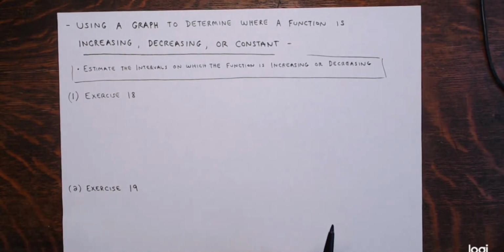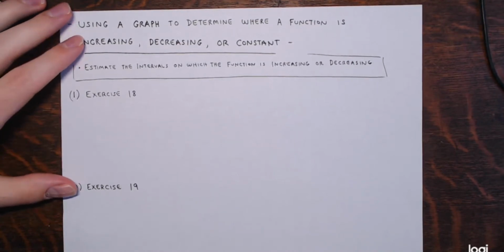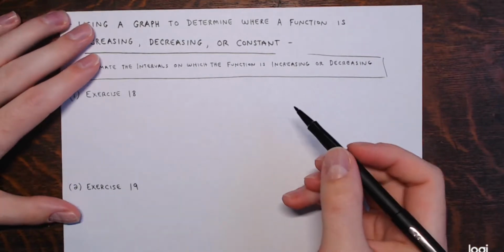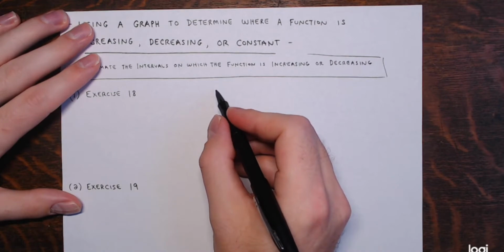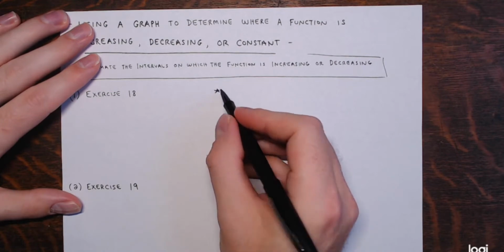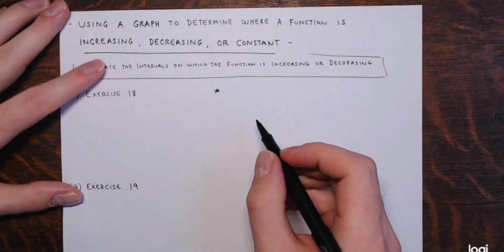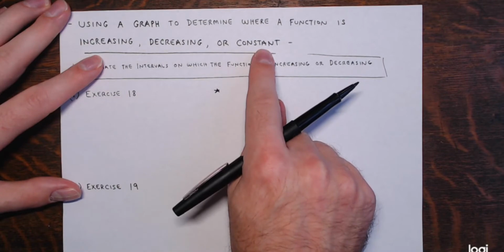So first I want to talk about how you look at the graph of a function and state where a function is increasing, decreasing, or constant. All right, so I'll make this little note here. For every single one of these concepts, where a function is increasing, decreasing, or constant, we're talking about the outputs.